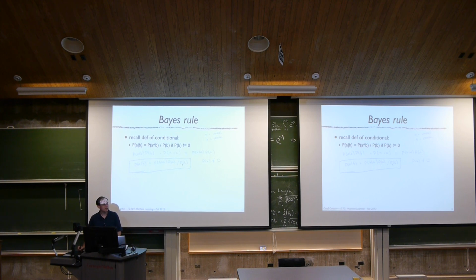The probability of B is usually called annoying, but there are ways to get around it. And so what you get here is a rule that takes known quantities on the right-hand side and gives you the quantity that you care about on the left-hand side. And that's why 90% of machine learning is various applications of Bayes rule. Any questions?